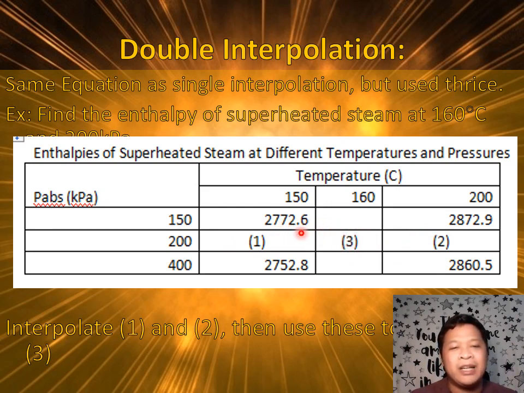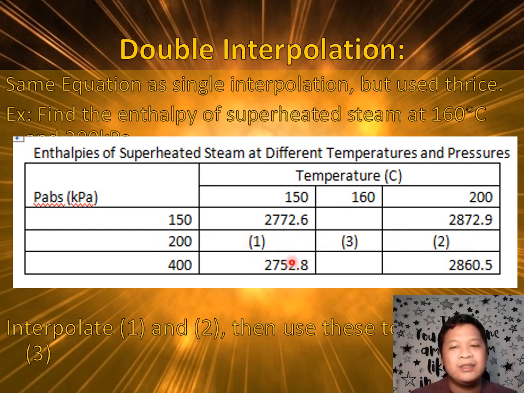So for example, I've crafted this table for you. If you were to find the enthalpy of superheated steam at a temperature of 160 degrees Celsius and at 200 kilopascals, so based on your tabular values, you would first have to interpolate here for 150 degrees and 200 kilopascal, and then for 200 degrees at 200 kilopascal, kasi itong dalawa parehas, halimbawa wala dun sa table mo, para makuha mo ito, na-interpolate mo naman using these two new enthalpy values that you were able to solve, and then this temperature and pressure value.